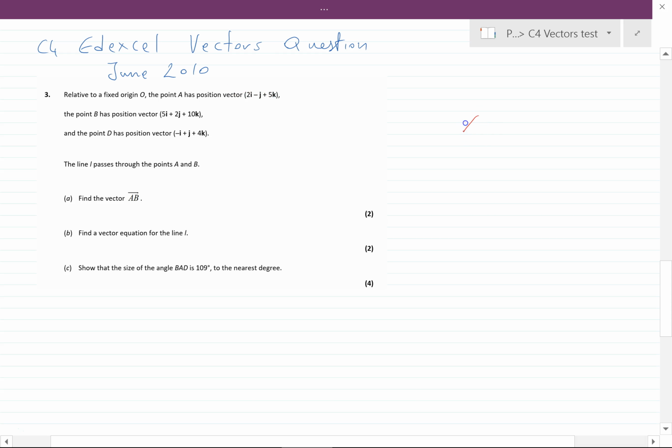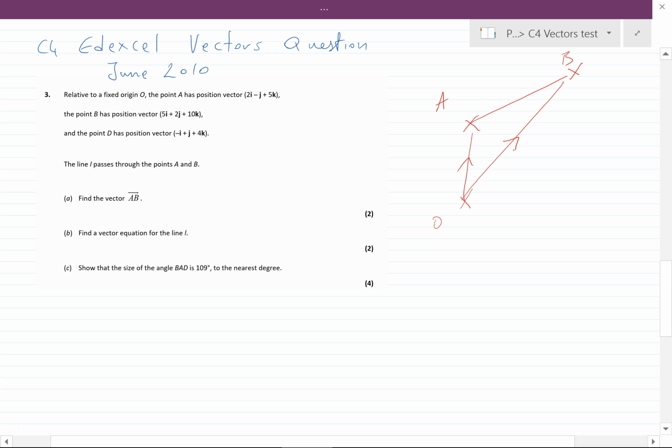We've got 2 points A and B. Okay. And he wants the vector AB. It's given us the position vector of both of those. Well, that's no problem. So we've got the position vector of OA and the position vector of OB.